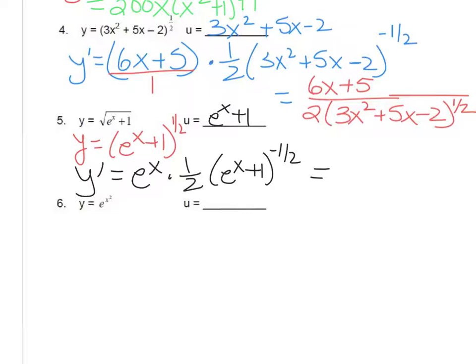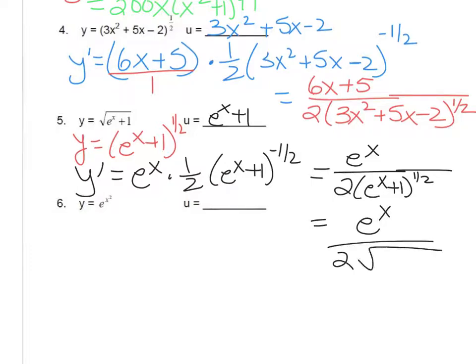So since it's all multiplied, when I go to simplify, this e to the x stays in the numerator. The 2 for the 1/2 is in the denominator. And then we've got e to the x plus 1 to positive 1/2 exponent, which if I want, I can rewrite as the square root. And this would be the final answer to number 5.